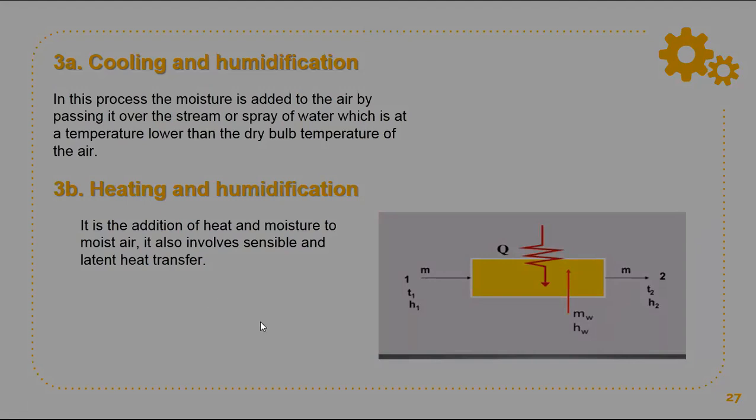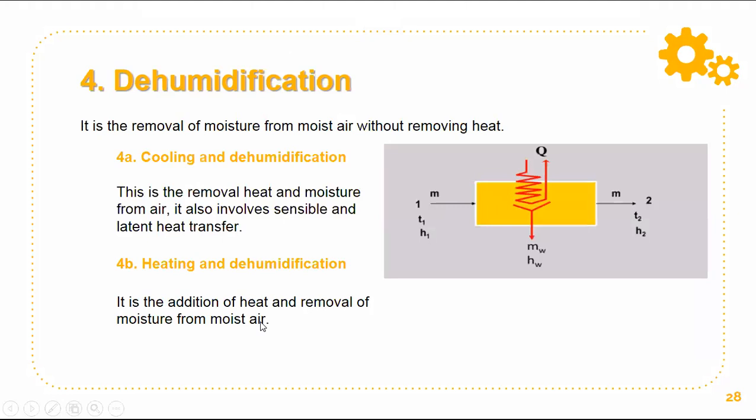Now, dehumidification: removal of moisture from moist air without removal of heat. So even if we remove moisture from air, we don't remove heat from air. It could be a cooling dehumidification or a heating dehumidification. So in cooling dehumidification, what do you remove? This time you remove a certain amount of heat from your system, and moisture is also being removed.